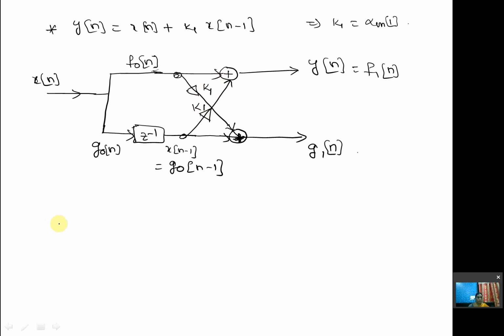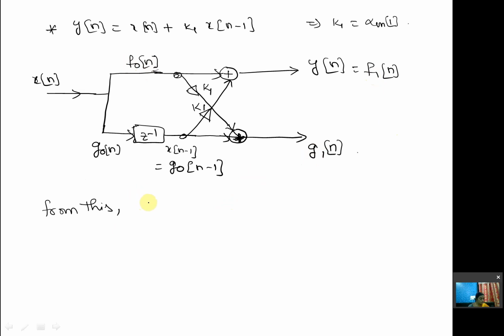Okay, so right now from this we just find out what is f1 of n and what is g1 of n. Now here behind x of n, y of n is there, but we should focus on what is f naught and what is g naught and what is f1 and what is g1. Similarly, f2, g2 and so on, fm, gm. Since here we are using m stage filters, m order filters, that's why.